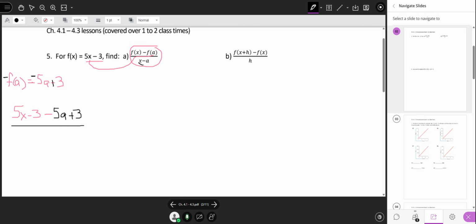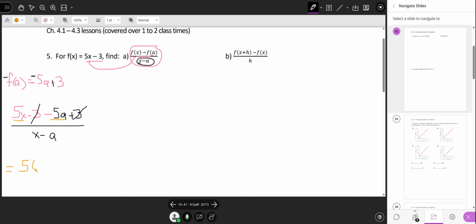Now this says over x minus a. Now, he who has 3 spent 3. That piece just disappeared. The next thing, I've got 5x and minus 5a left over. So I'm going to factor a 5 out front.